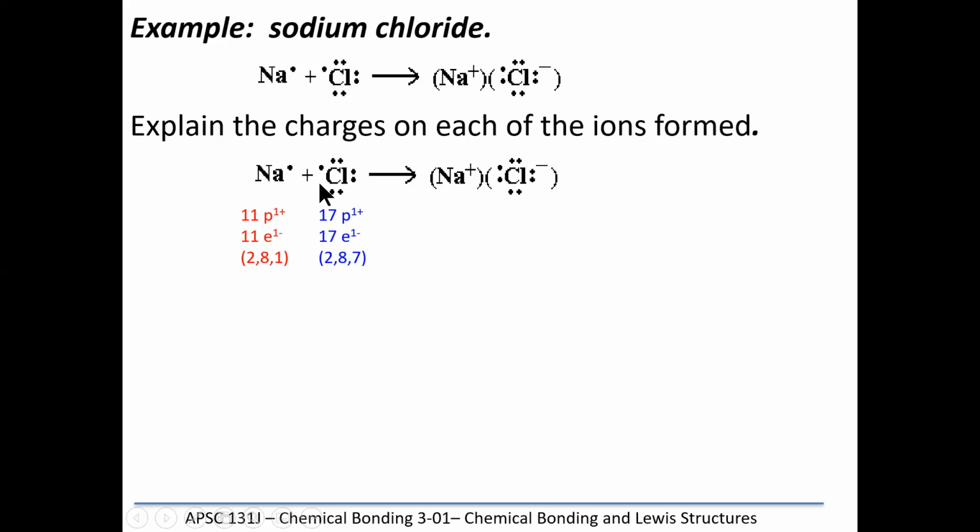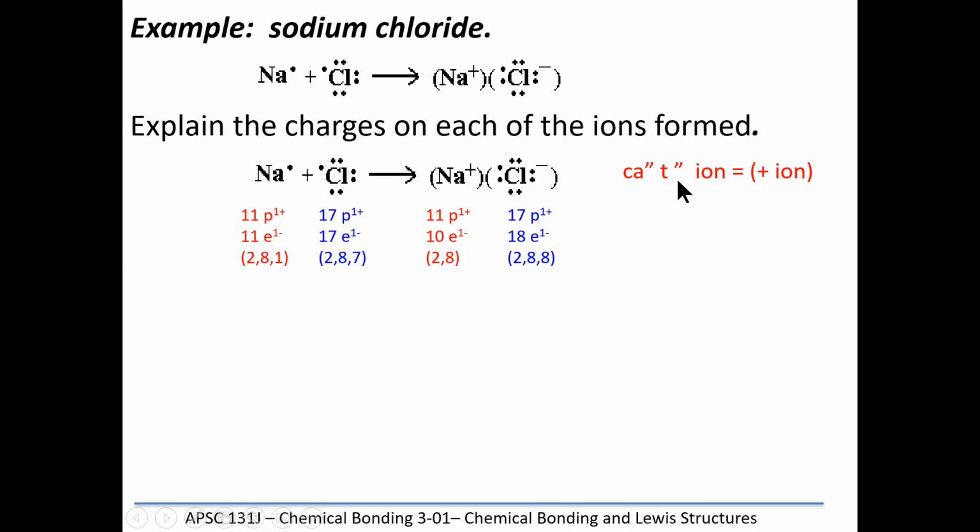When they combine, the sodium loses its electron and the chlorine gains an electron, so the sodium atom becomes a sodium ion, which has a charge of positive 1. Chlorine becomes a negative ion, its charge becoming negative 1.